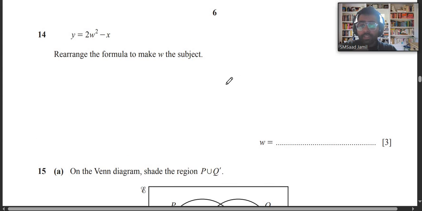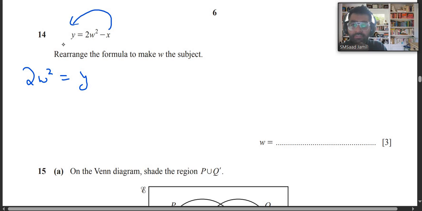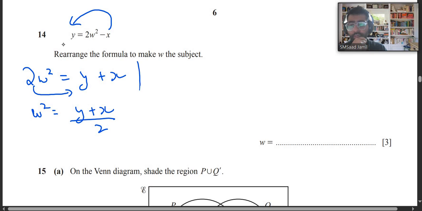Rearrange the formula to make w the subject. So look guys, 2w squared is equals to y, and we have sent x over there, so we will say plus x. W squared is equals to y plus x. 2 will go down, divided by 2. Now w squared is equals to y plus x divided by 2.